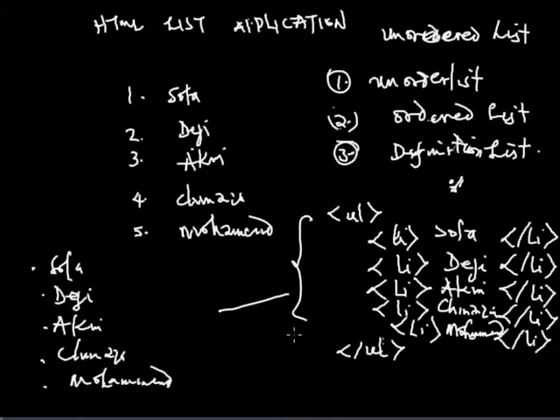Now, another thing you can do to make this list more interesting is by changing the attributes inside the unordered list by saying type equals square, and you close the tag. What this will do is that instead of a dot, it changes to a box.